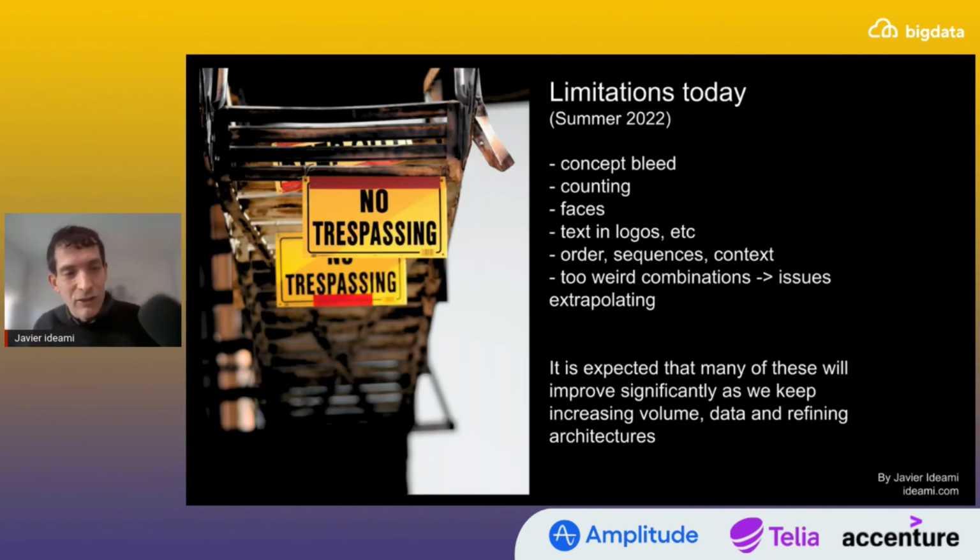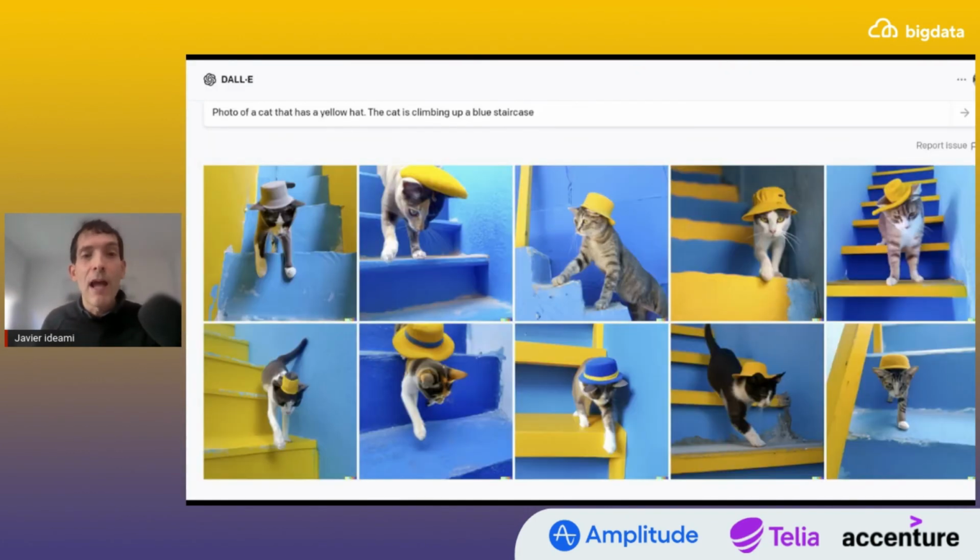Okay, now limitations. Yes, there are a number of limitations that will be improving over time. Some examples: concept bleed. For example, you say, I want a yellow hat on the cat, and it puts yellow on the hat, but as you can see, it also puts yellow on the walls. Again, this is a problem of a lack of system 2 capabilities, because we are brute forcing system 1.